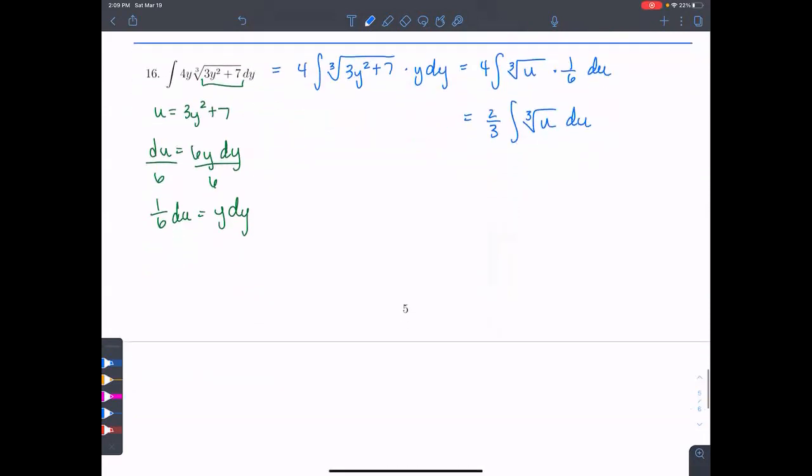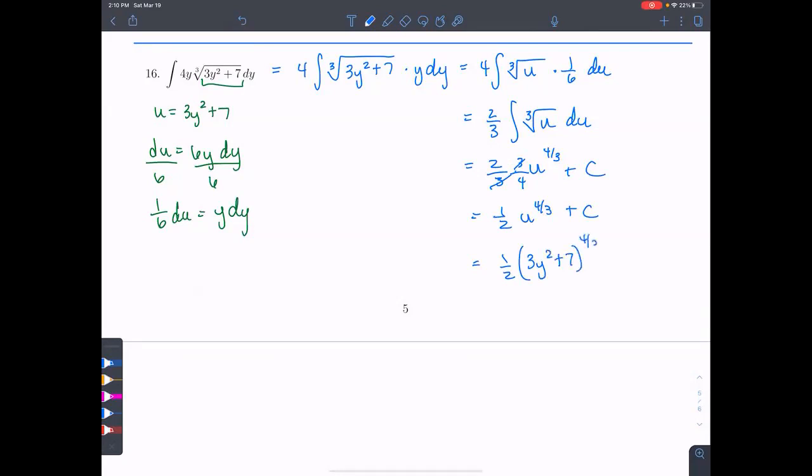So that's a 1/3 power. So I'm going to increase to 4/3 and divide by 4/3 or multiply by 3/4. So I have 1/2 u to the 4/3 plus c. So 1/2 3y squared plus 7 to the 4/3 plus c.